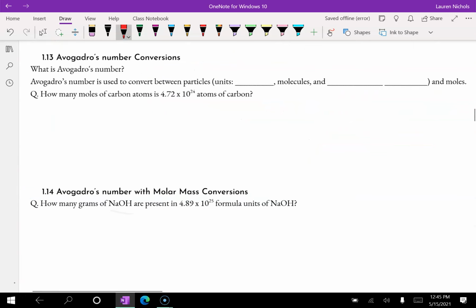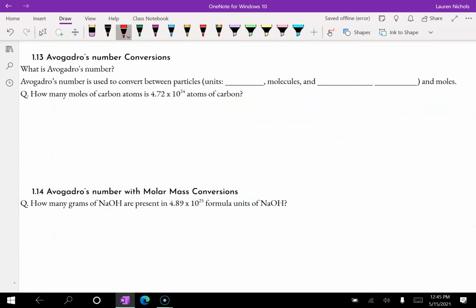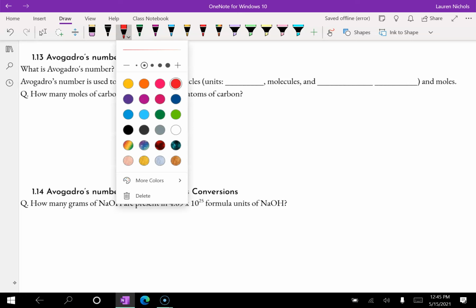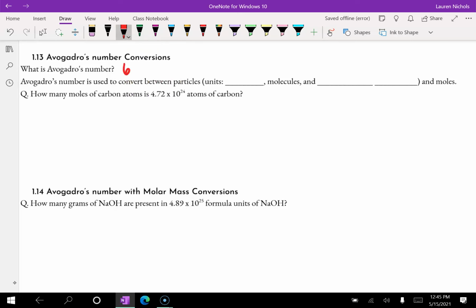And so when we talk about Avogadro's number, what actually is it? It is 6.02 times 10 to the 23 particles. Okay, and particles is just the sciencey word for things. And so that word can be swapped out for 3 other words.